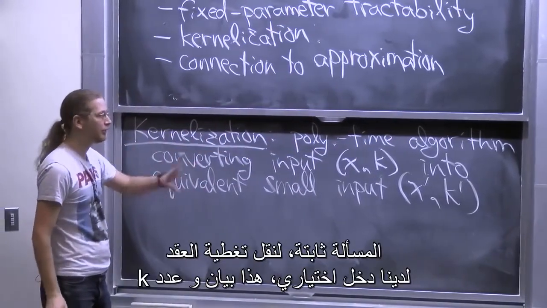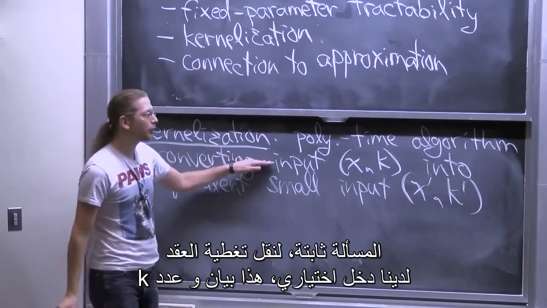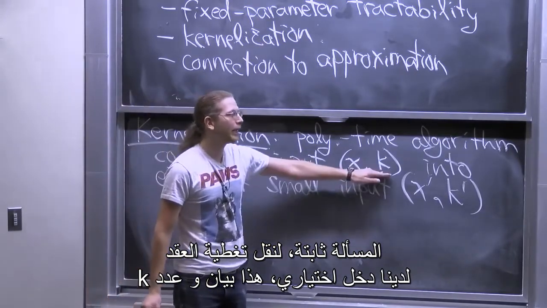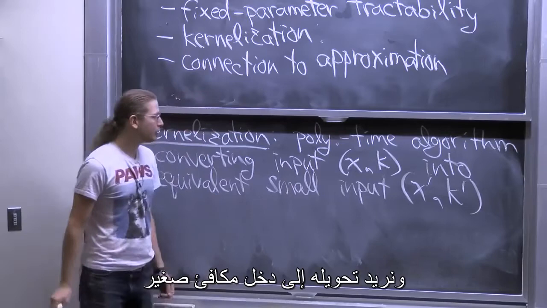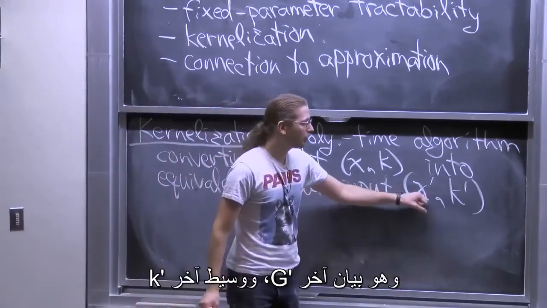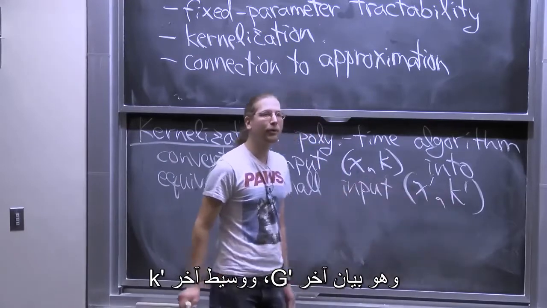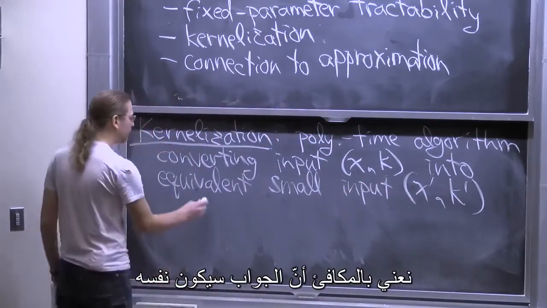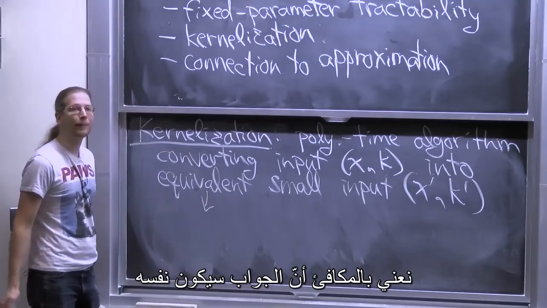Okay, problem is fixed, say vertex cover. So we're given an arbitrary input. This would be a graph and a number k. And we want to convert it into an equivalent small input, which is another graph G prime and another parameter k prime. So equivalent means that the answer is going to be the same.